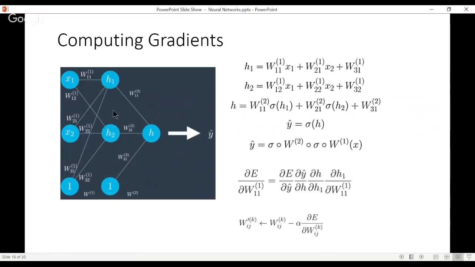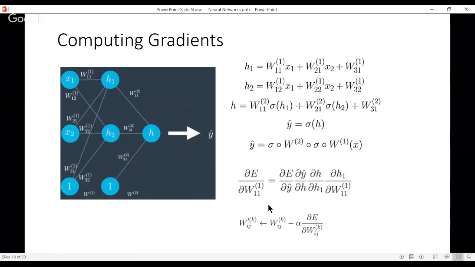And these two nodes individually are also linear combinations of the previous layer, or the input layer in this case. So H2 has its own weight vector times the inputs, and H1 has its own weight vector times the inputs. And in the end, you take a sigmoid of H to predict y hat, right?